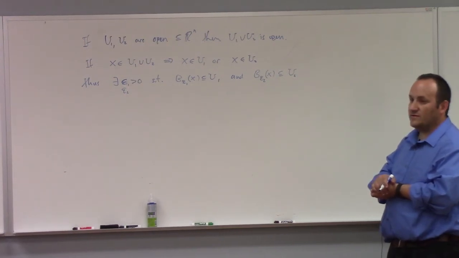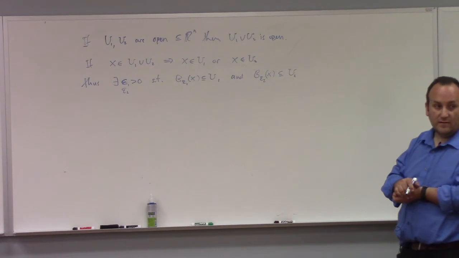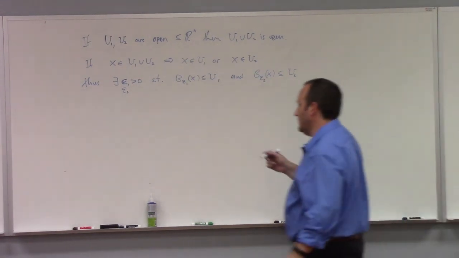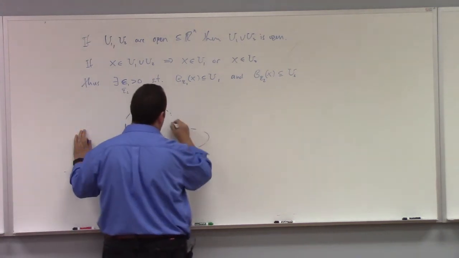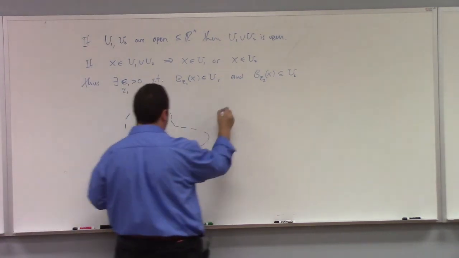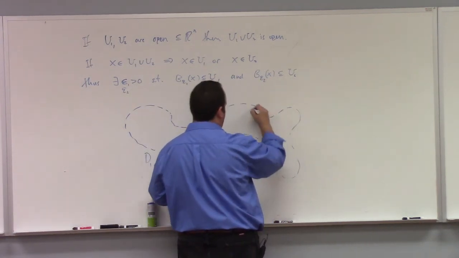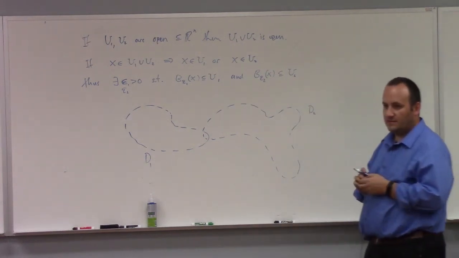So my point is, that question's about why D1 union D2 is a domain, right? And so you're given D1 and D2, they're open, they're connected, right?